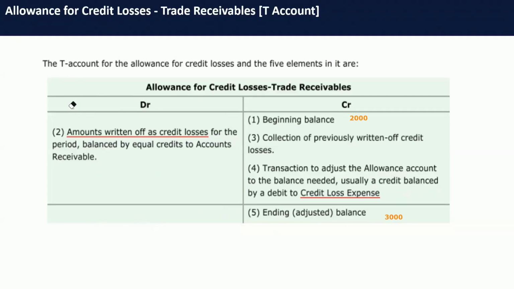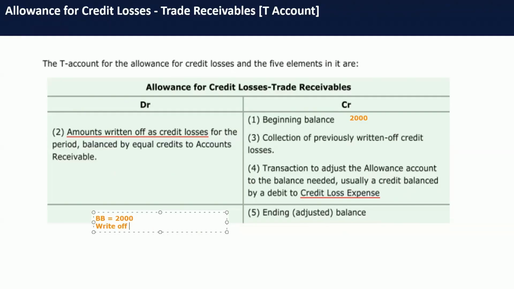Okay. So let the beginning and ending balance requirement be, yeah, I'll remove the ending balance. So your beginning balance is as given, 2000, and you have a credit loss write off. In simple words, it's a write off.